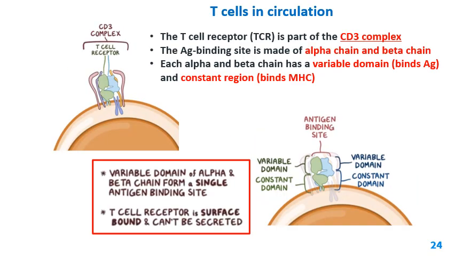All right, so here, let's see what happens here. Your T cell receptor, okay, is called a CD3 complex. What makes up that CD3 complex? You're going to have here your T cell receptor, beta and alpha, okay? You're going to have your CD4 molecule or your CD8 molecule, okay?